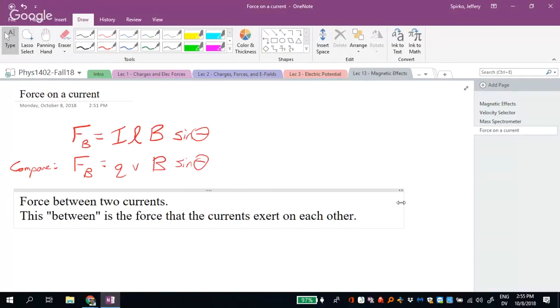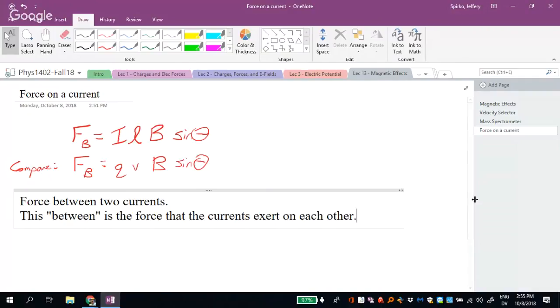Remember when we did Coulomb's law, we talked about like charges repelling, and we said that the force was kQQ over r squared, and if the charges are the same, then it's a repulsive force. And the one feels a force to the right and the other feels a force to the left. So that's the use of the word between here.